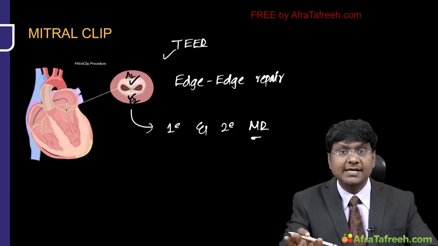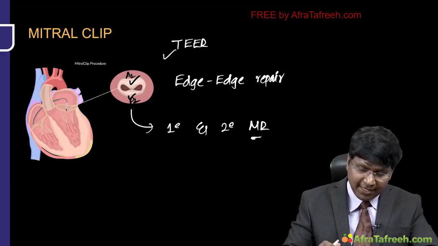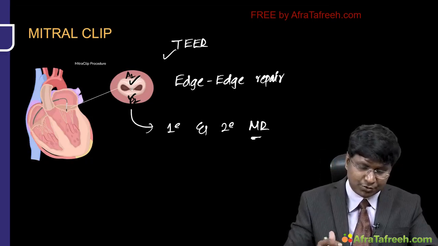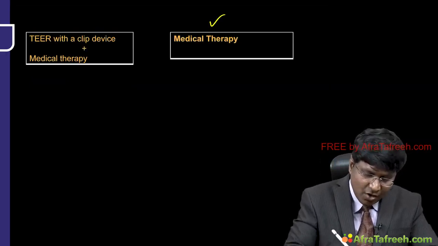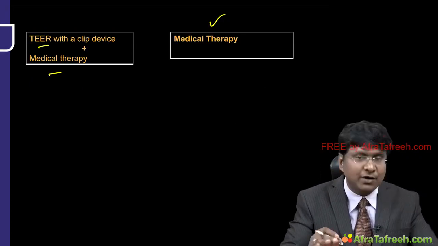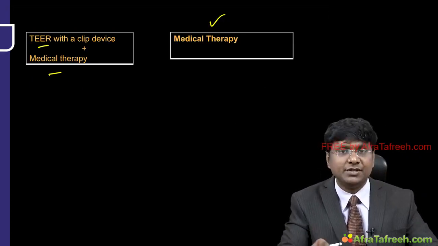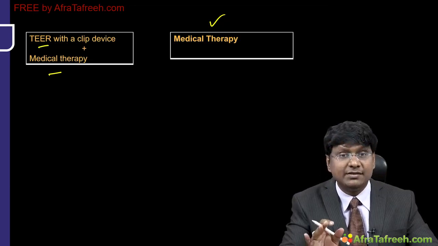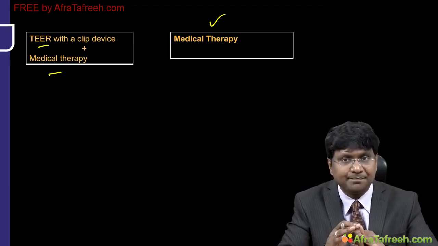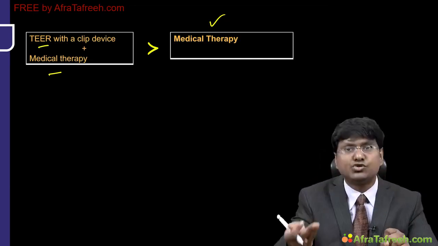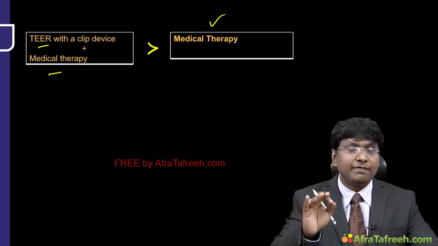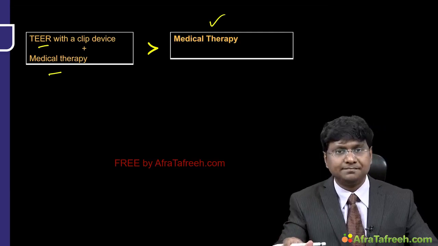And you have to know what the studies have shown. Is medical therapy alone sufficient, or is it sufficient along with the clip? What studies have shown is that the use of the TEER clip along with medical therapy has been found to be superior to medical therapy alone.